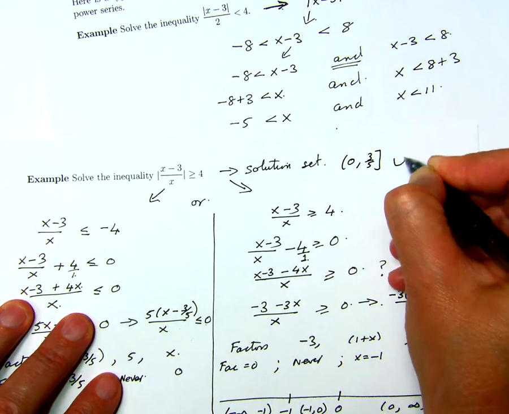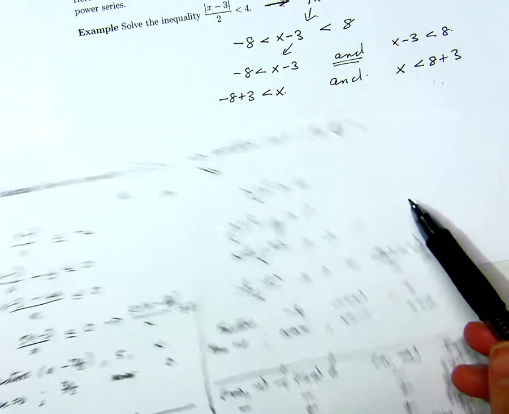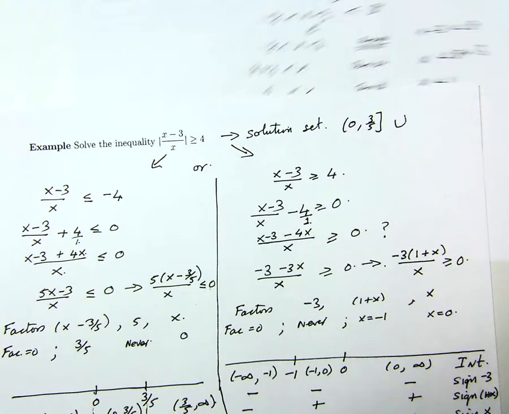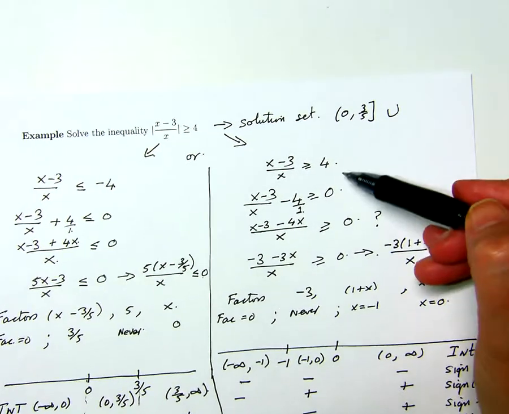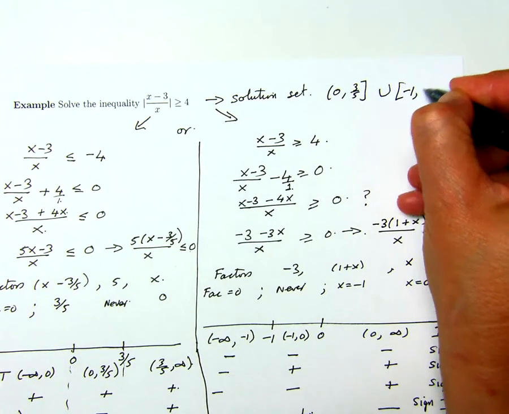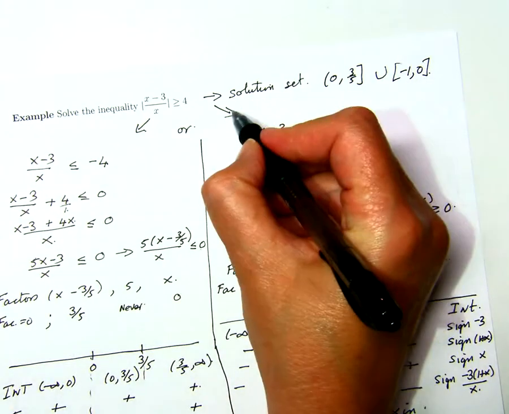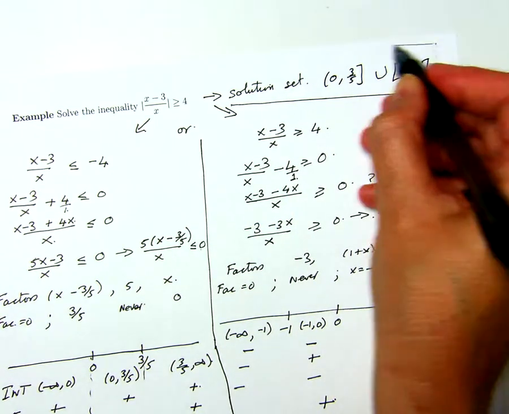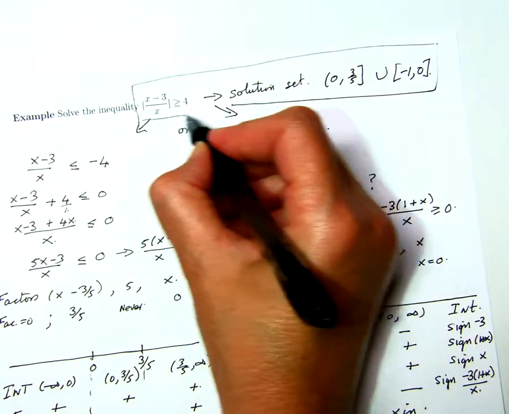And it's all of that along with all of the x values which satisfy the second inequality, and that solution set we saw was everything from -1 to 0. And so that gives us our solution set to the original inequality.